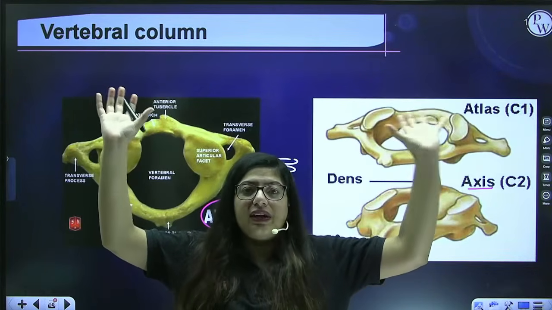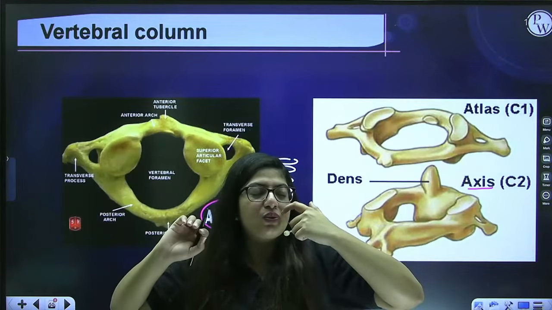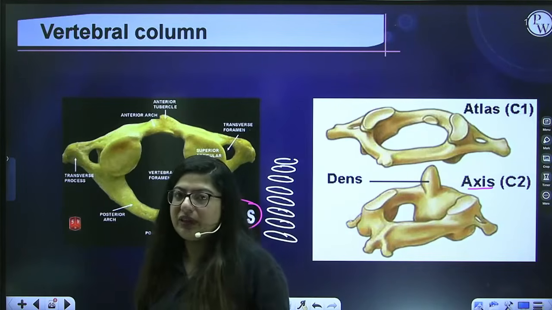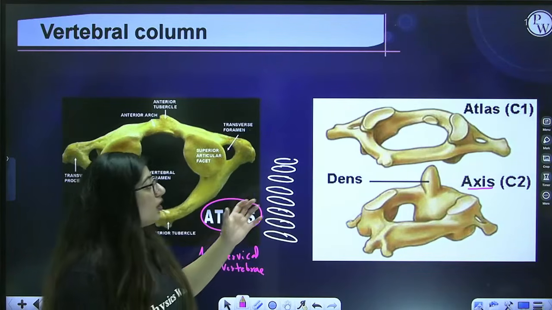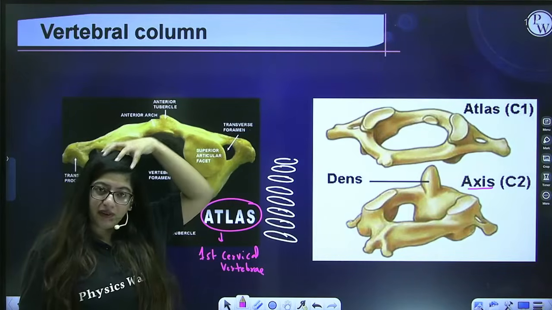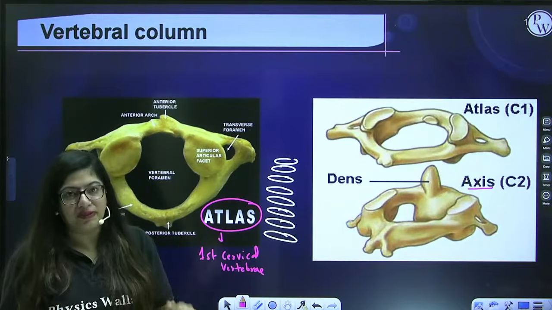Whenever he changes hands when he gets tired, it leads to earthquakes and all. This is what people used to believe earlier. So just like that, Atlas is also bearing the weight of the entire head. That's why the first cervical vertebra was named Atlas.